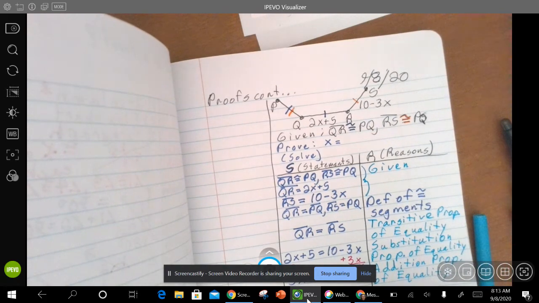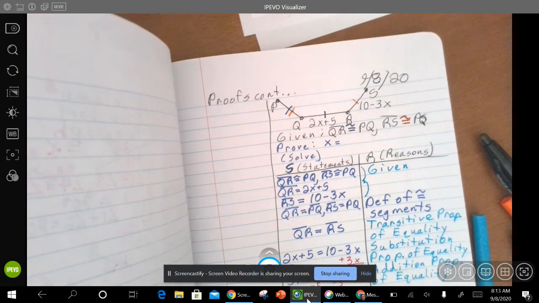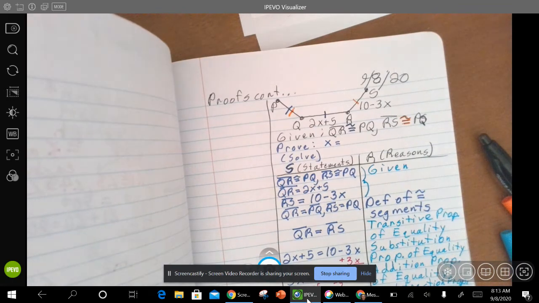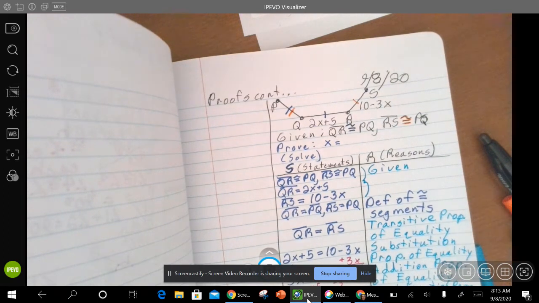And then we're going to subtract 5 from each side. So that would be 0, and then we get 5x is equal to 5. The reason for that, again, is our subtraction property of equality. And then we're going to divide each side by 5.